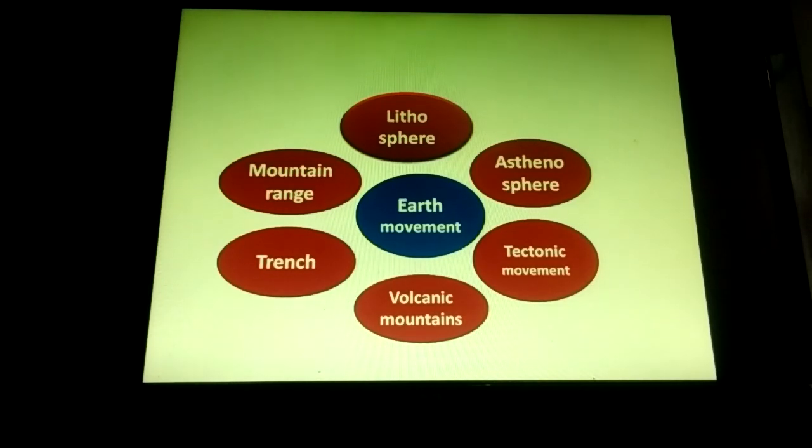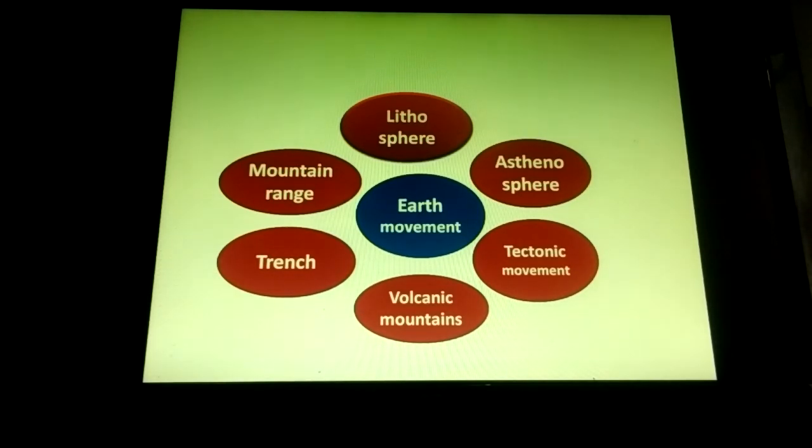The lithosphere is the solid outer part of the earth. The hydrosphere is the watery part of the earth, and the atmosphere is a thin layer of gases around the earth. The biosphere is the place where we human beings live.